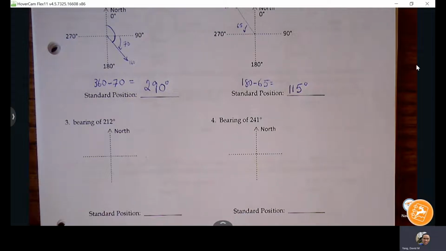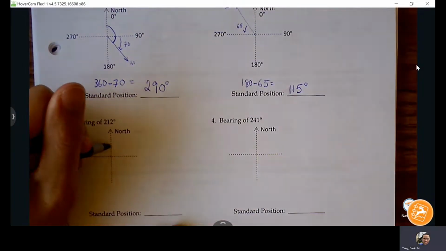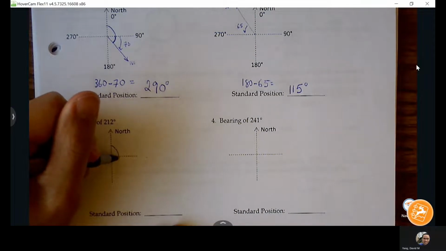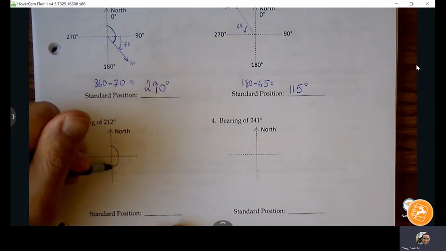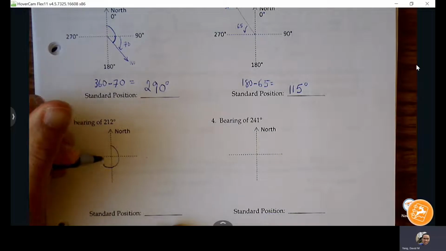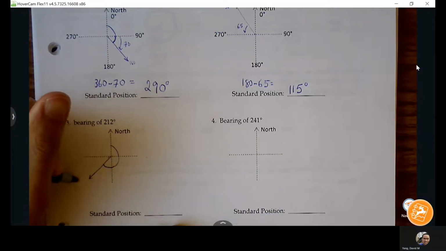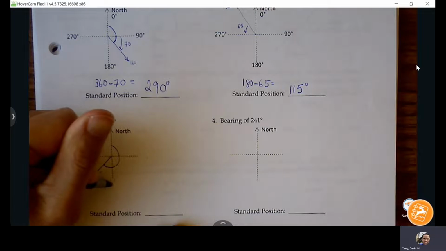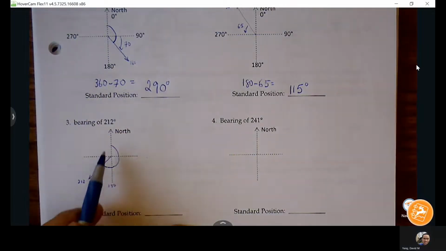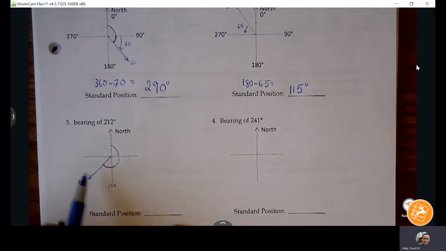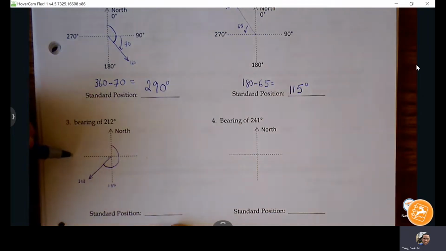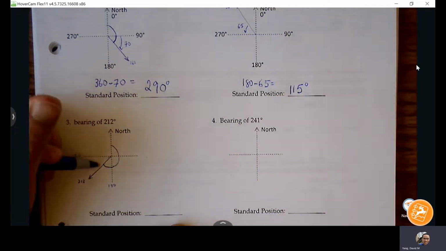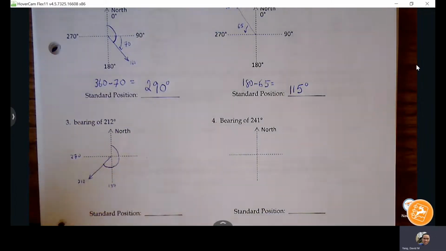Okay, where's 212 going to end up? Third quadrant, right? So this is 90 plus 90 to 180, and it's going to be between 180 and 270. Okay, so 212 minus 180, or you can do 212 involving 270 as well. Either way, just make sure that whatever measure you find, you involve the standard position.